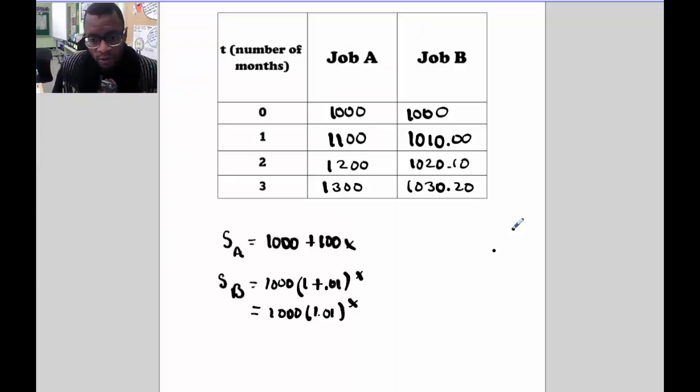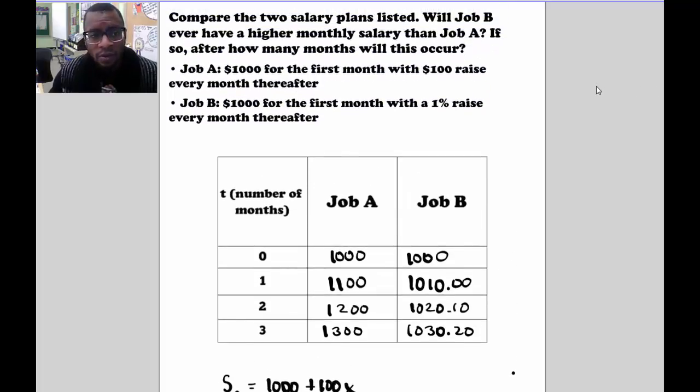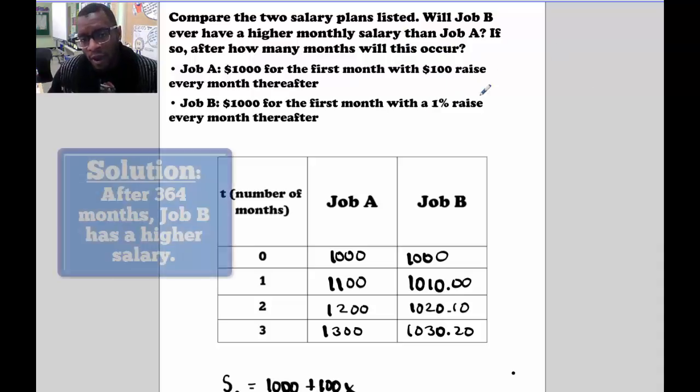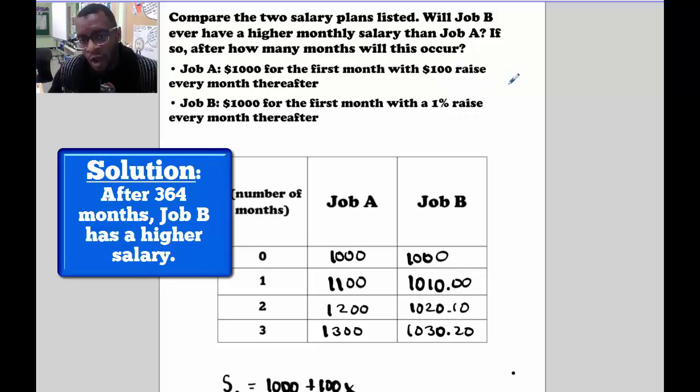Okay, and so let's scroll up and make sure that we answered all the questions. So yes, after how many months will this occur? And so after 364 months, job B will have a higher salary than job A. Okay.